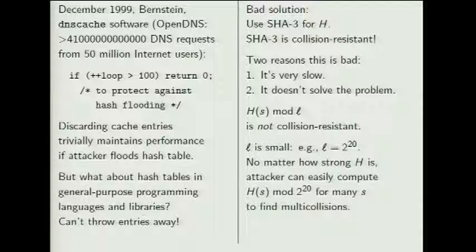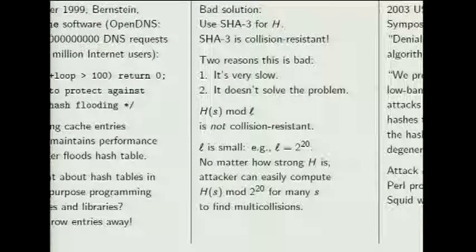After a reasonable computation, the attacker has piled up thousands, millions of strings which all have hash value 0, and then feeds all those strings into your application, and the application does the same computation. The hash table does the same H of S mod L, puts everything into linked list 0. Performance disaster.